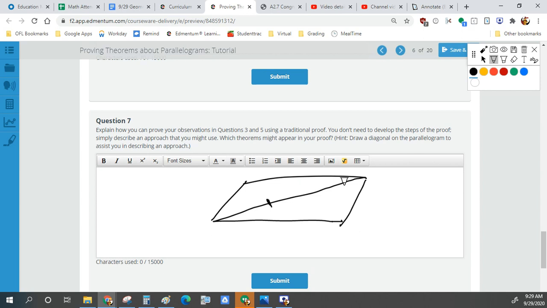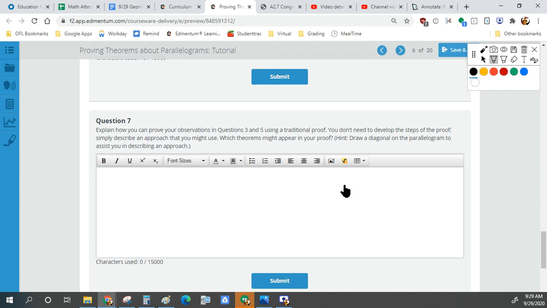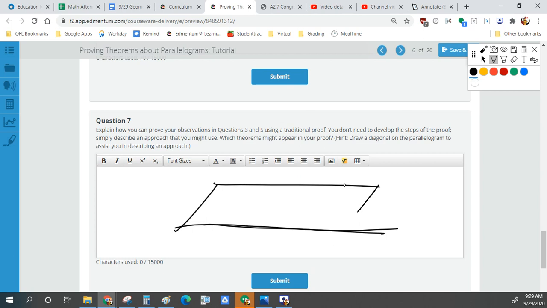We would say that this is an angle. Oh, so here's what we would do. These are parallelograms. These are parallel lines. So because these are parallel lines, we're going to cut it with a transversal. Cutting it with a transversal means our alternate interior angles are congruent.